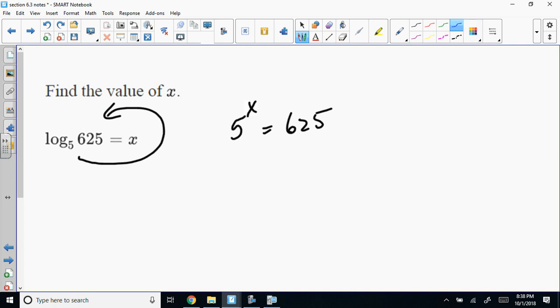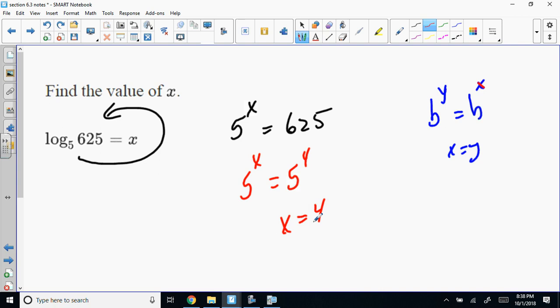But it says if your bases are the same, then you can set their exponents equal to one another, right? I said you could work it two ways. So can I rewrite 625 as a power of 5? Is it 5 to the 4th? So if I rewrote that, that'd be 5 to the 4th equals 5 to the x. So x equals what? 4, right?